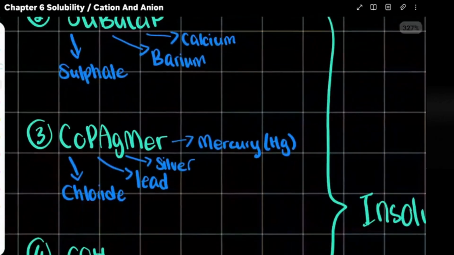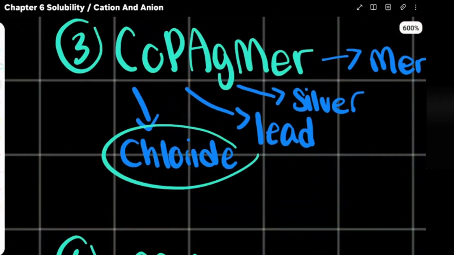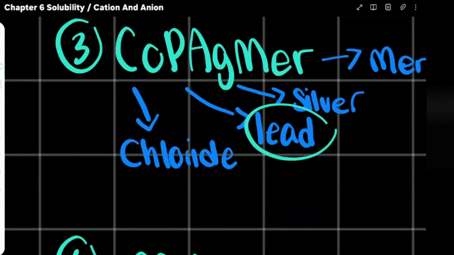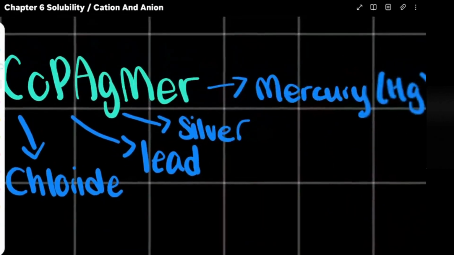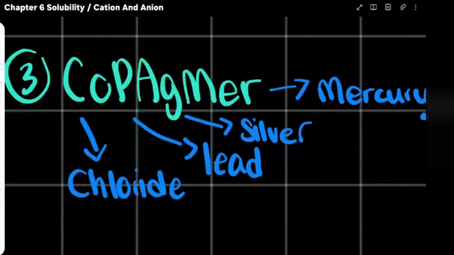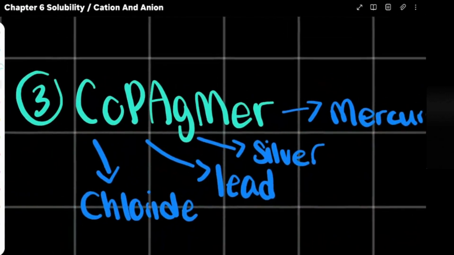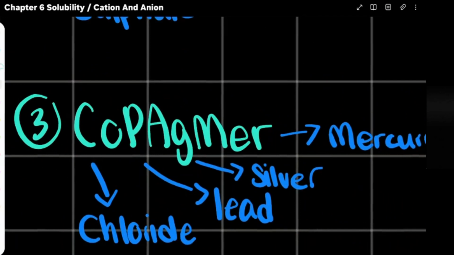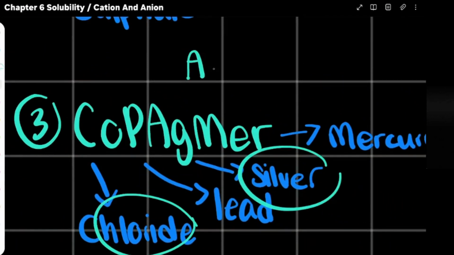Now COPACMER is the same deal, except it's chloride now. Chloride, lead, silver, and mercury. Mercury formula is Hg, but you don't need to know that one because they already come out. So the only thing that will matter is chloride. Let me show another example. Let's use silver and chloride. If I use silver and chloride, this will be insoluble.